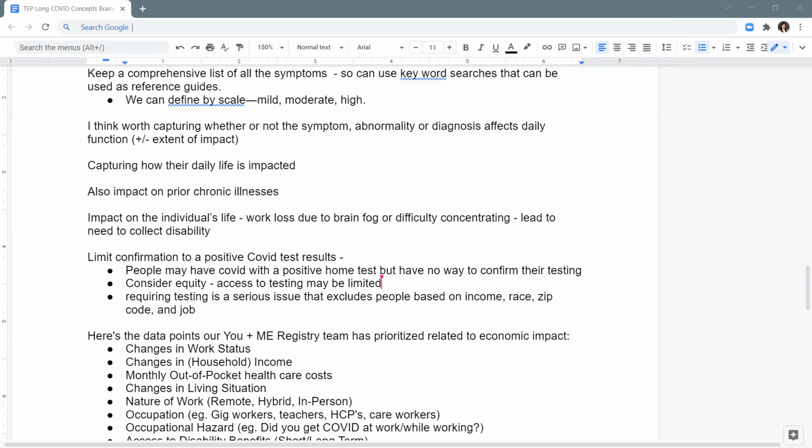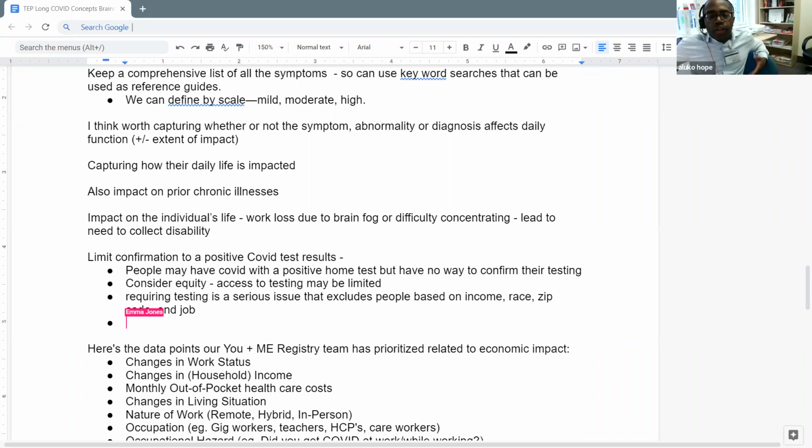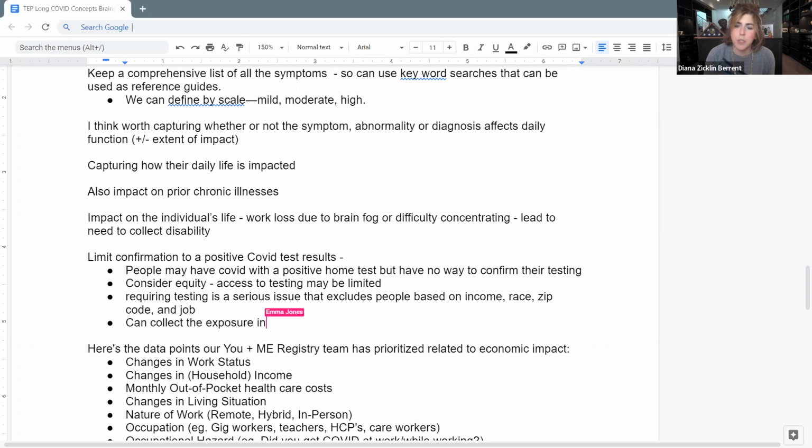Okay. But I think we can still collect the exposure information about whether they were confirmed with a positive PCR, or with an antibody, or with a personal exposure to a family friend. I think there are ways to get at that information without necessarily requiring it. A lot of people who have neurological long COVID do not seroconvert.